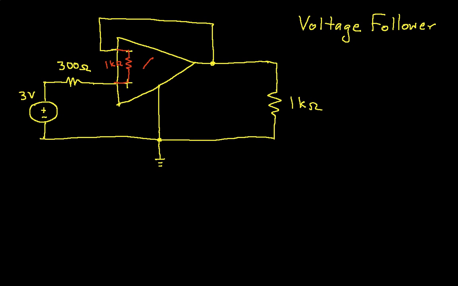And then we have also inside the realistic or non-ideal model a voltage source connected to an output resistance, and let's set the output resistance to 50 ohms. And let's set the gain on the voltage source to be 10. So for this case, we'll say that the output is 10 times the voltage at the non-inverting node minus the voltage at the inverting node. Both of these voltages, by the way, are referenced with respect to this ground node.